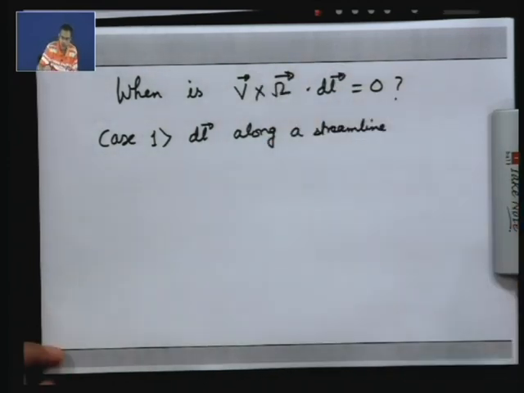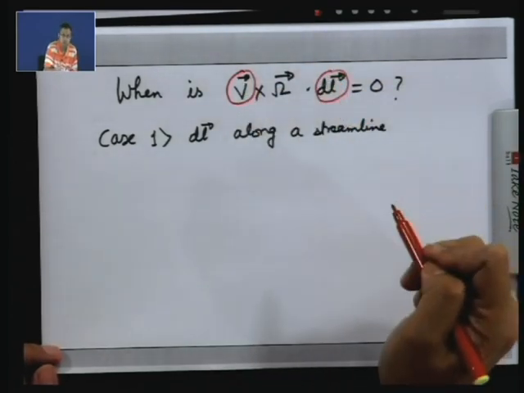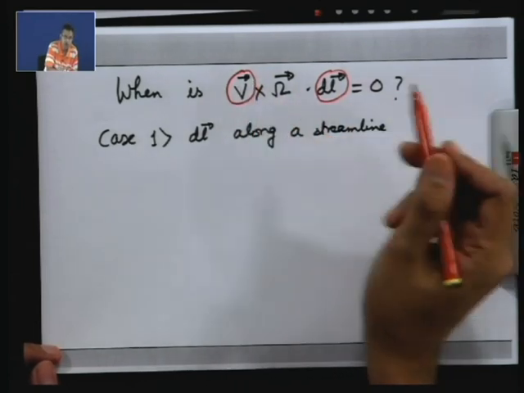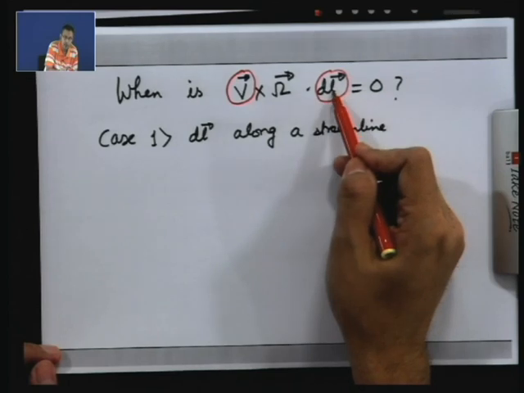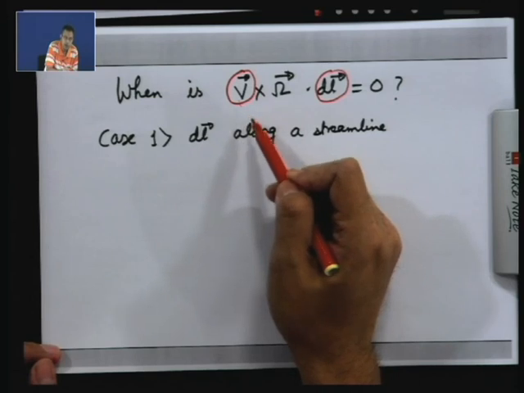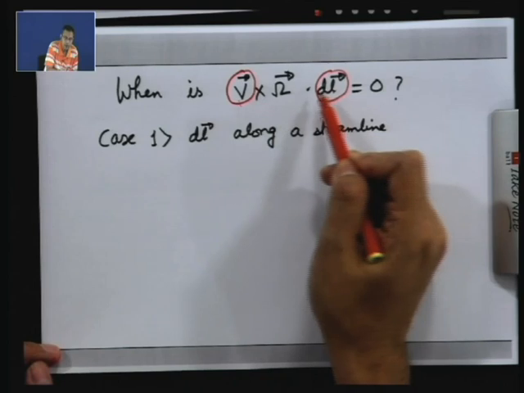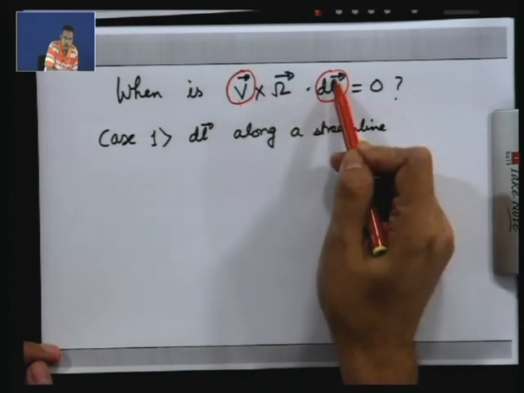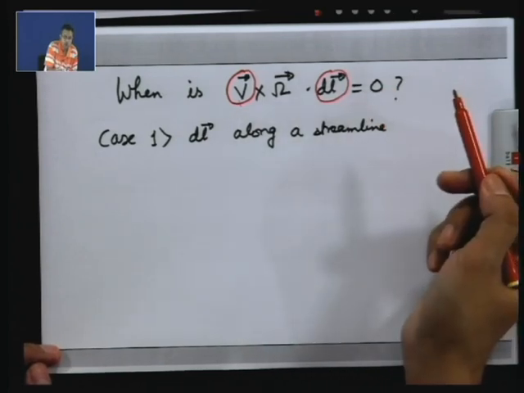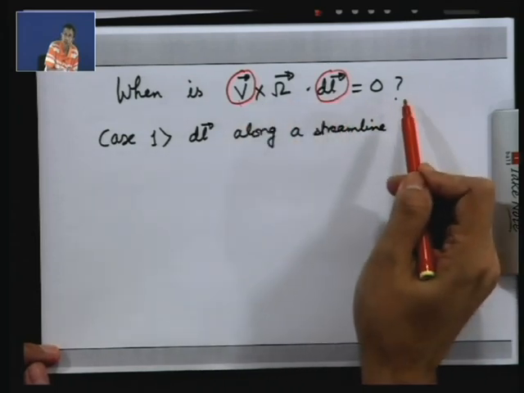Then the direction of V and the direction of dl will be the same. Why? Because by definition of streamline, V is tangential to the streamline, and if dl is also along the streamline, see V cross omega is a vector perpendicular to V. So, it is perpendicular to the direction of the vector V, and therefore, its dot product with dl, which is also in the direction of V, will be equal to 0.